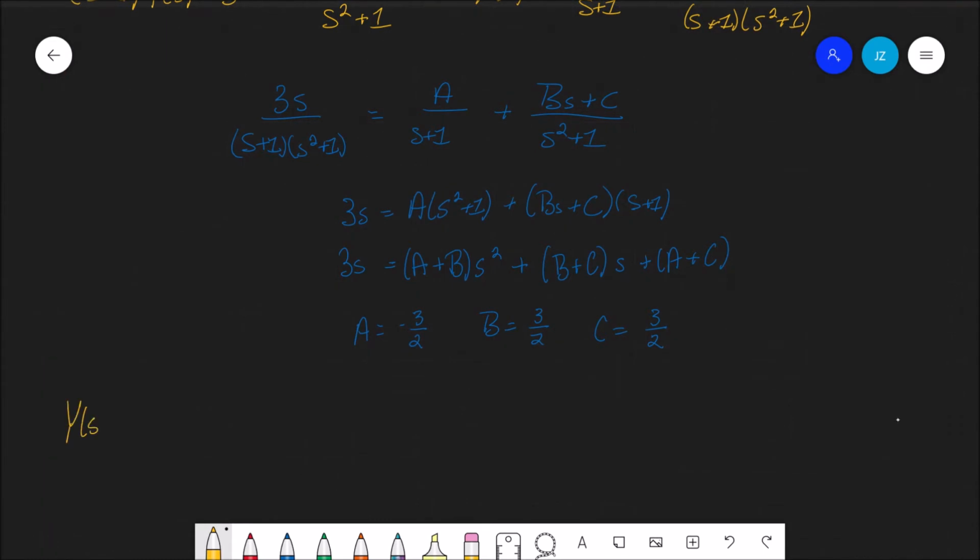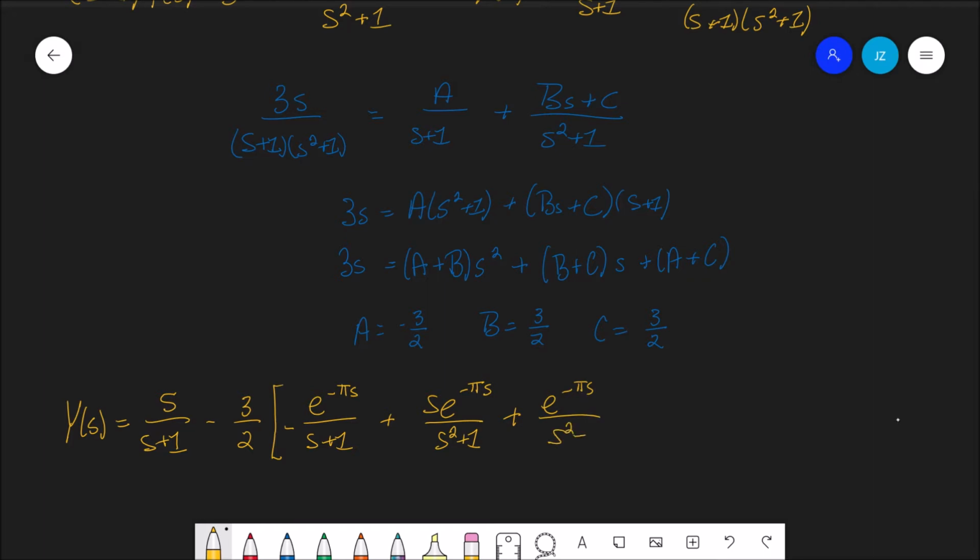So Y of s is equal to 5 over s plus 1 minus 3/2 times the quantity of negative e to the minus pi s all over s plus 1 plus s e to the minus pi s all over s squared plus 1 plus e to the minus pi s all over s squared plus 1.